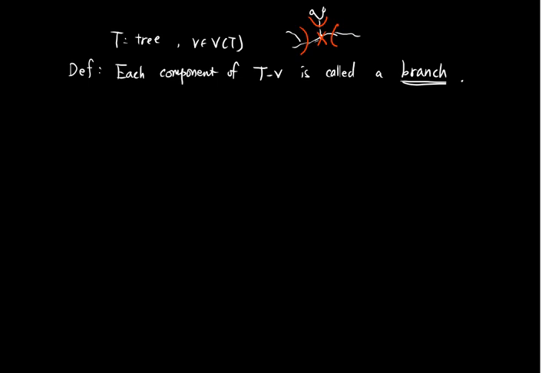Okay, and each branch usually has a special vertex. If this is a vertex V, then usually each branch has a vertex called U that is adjacent to V. Each branch has a unique vertex that is adjacent to V. So a branch can be viewed as a rooted tree with root U. Okay? Each part can be viewed as a rooted tree, and the root is the unique vertex that is adjacent to V.